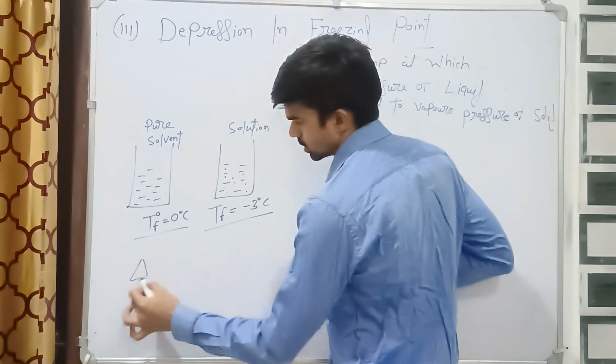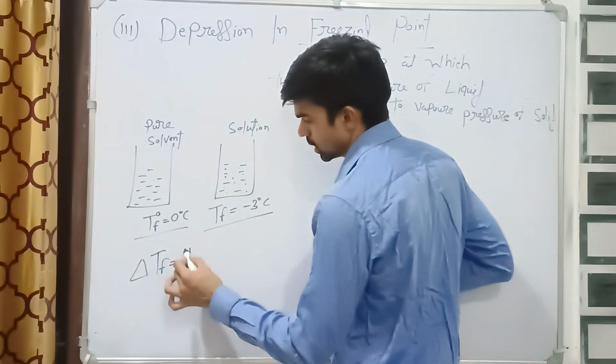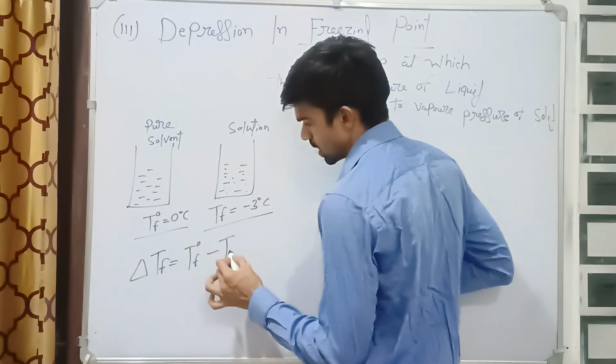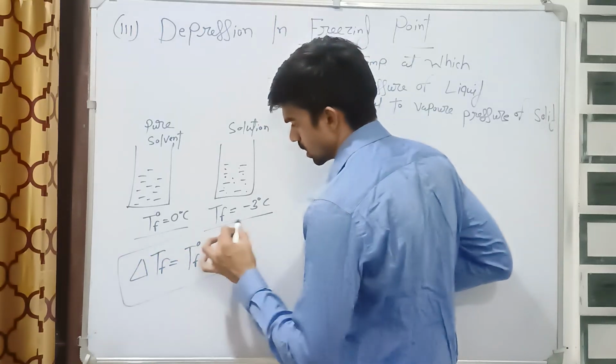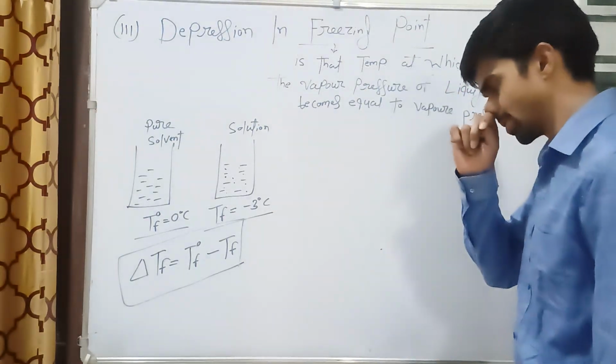You can write this change, that is del Tf, will be equal to T naught f minus Tf. So this is the formula for depression in freezing point.